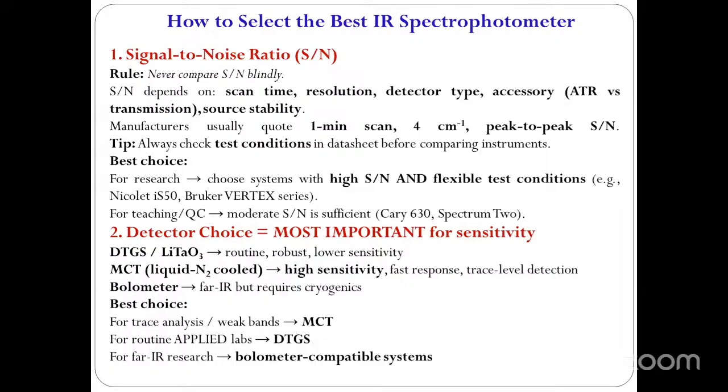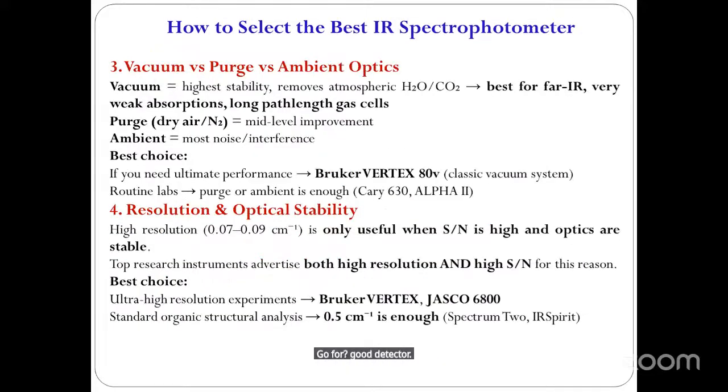And the second point is the detector. This is very important for the sensitivity. Different types of detectors are there. We must go for a good detector. The third important aspect is vacuum versus purge versus ambient optics.